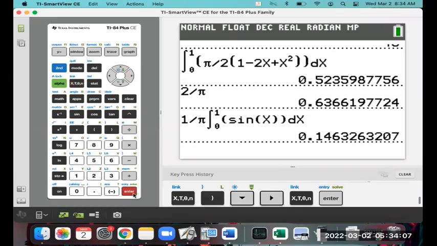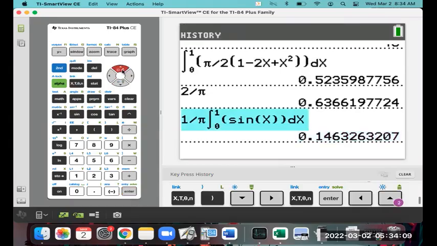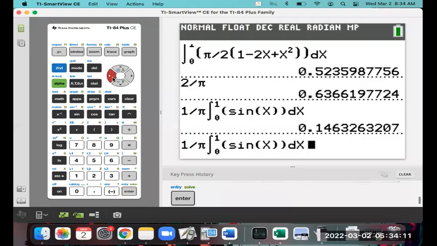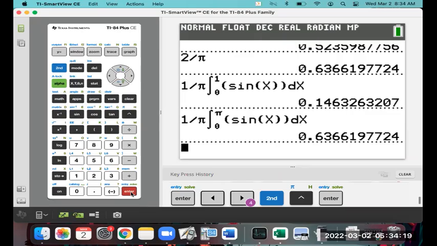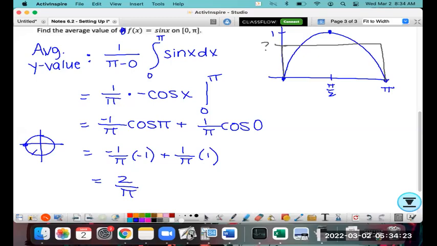Ooh. Oh, whoops. I see what I did wrong. I forgot to put a pi up top. I put a 1. Also, that output looked way too small. Okay, awesome. So 0.636, regardless of doing that by hand or with a calculator.